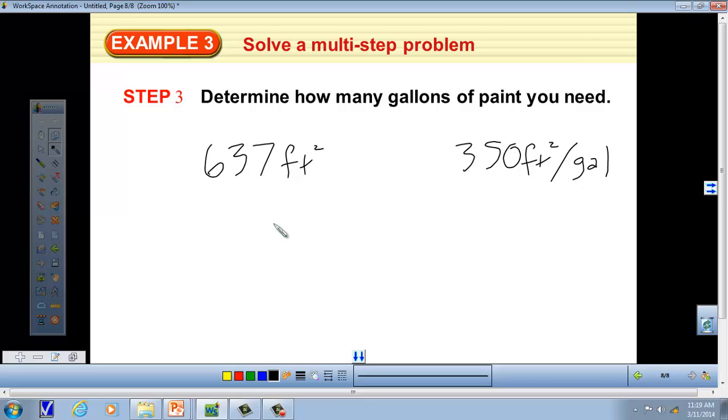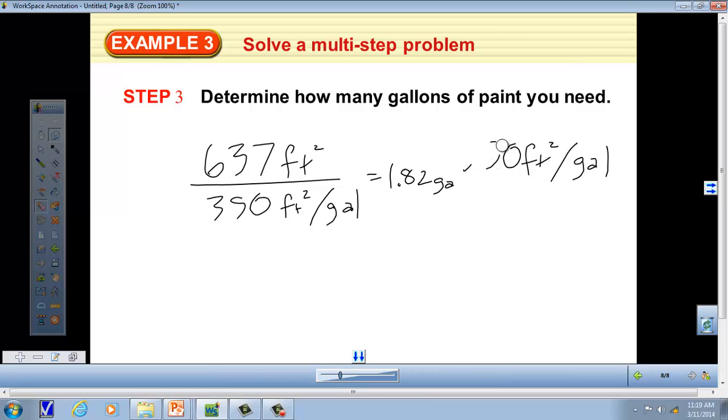So in order to figure out how many gallons, we would have to divide these two. And that ends up giving us the number of gallons. If we divide those two, we end up with 1.82 gallons.